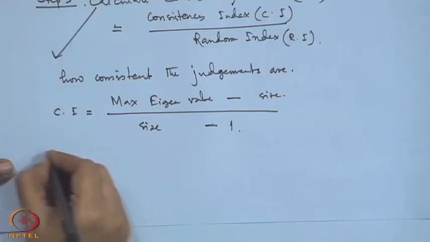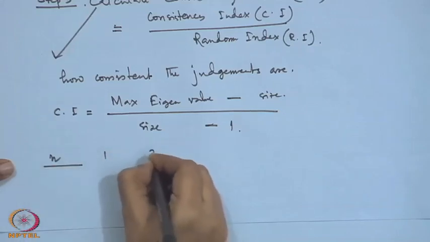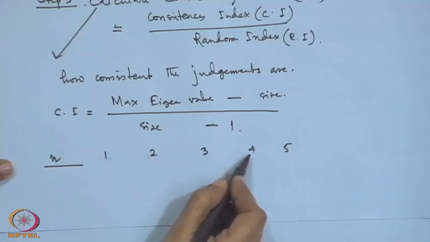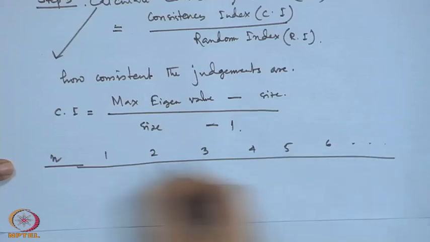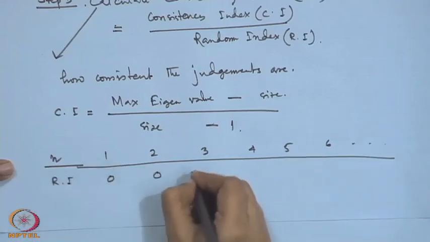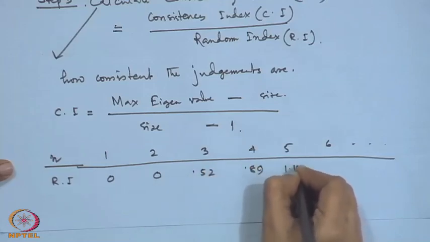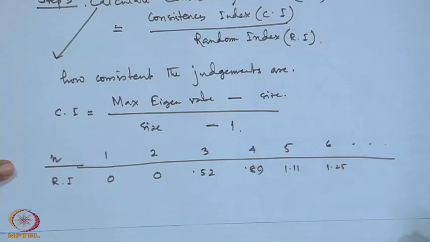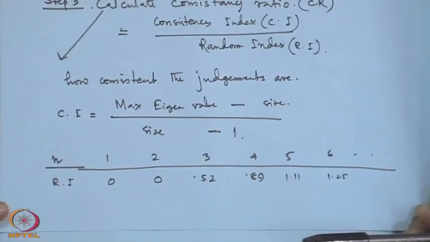And if we consider the size of the matrix, that is n equal to 1, 2, 3, 4, 5, that is 2 by 2, 3 by 3, 4 by 4, 5 by 5, in this way 6, then the random index value would be 0, 0, 0.52, 0.89, 1.11, 1.25, etc. For 7 it is 1.35, for 8 it is 1.4, and accordingly we are proceeding.